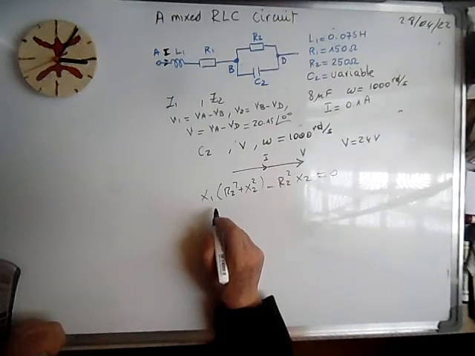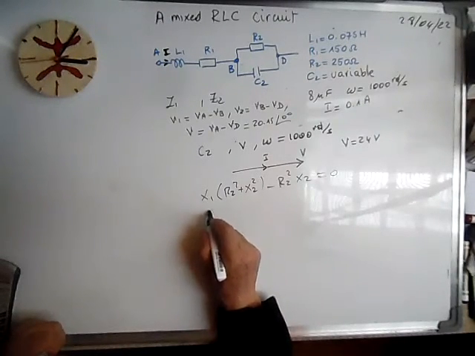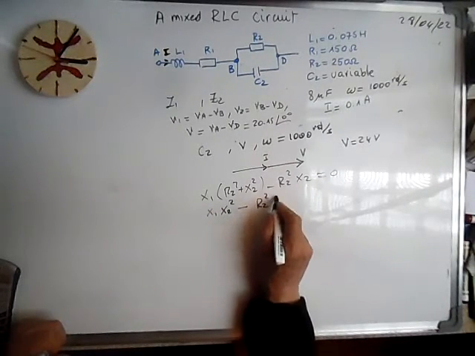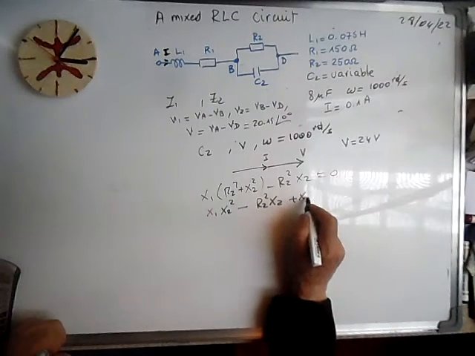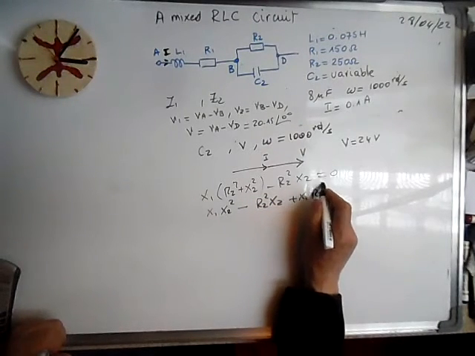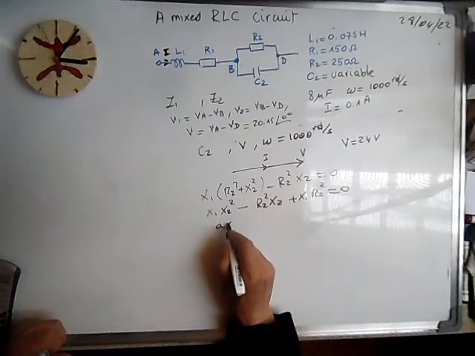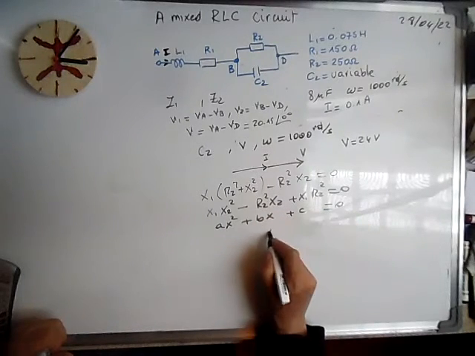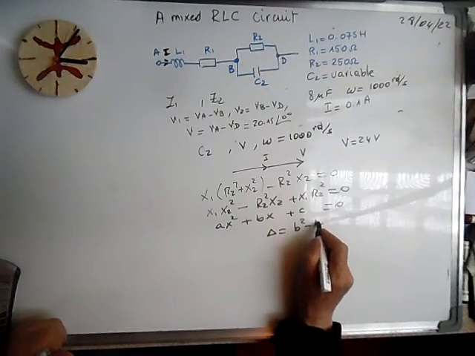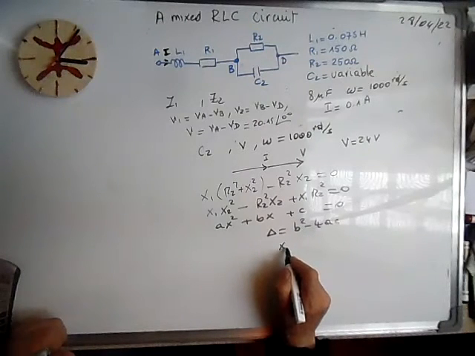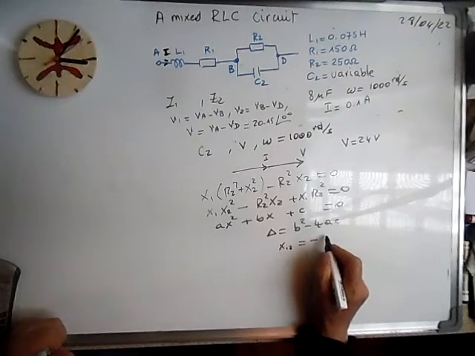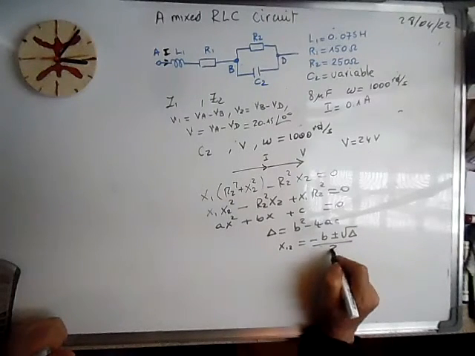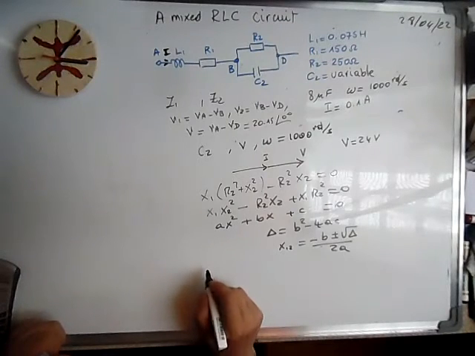The result is X1 X2 squared minus R2 squared X2 plus X1 R2 squared equal to 0. We have a quadratic function of this form, and delta is b squared minus 4ac, and X2 is minus b plus or minus square root of delta over 2a.